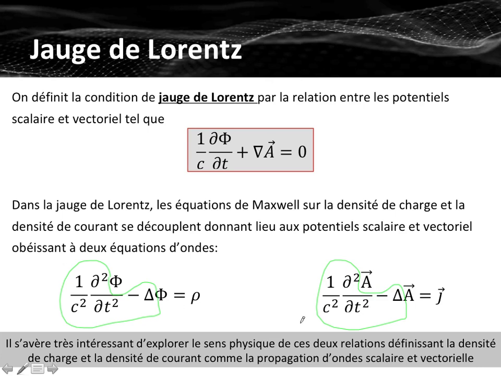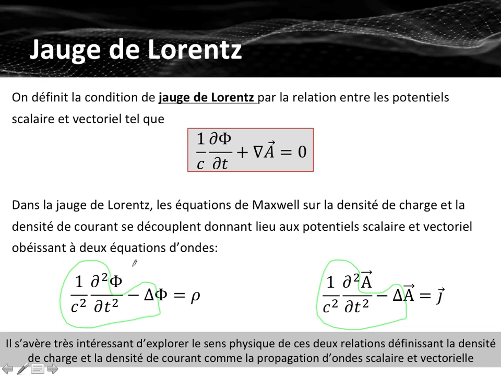This is a wave operator. So it's as if rho, the charge density, is actually related to phi, but it's a wave propagating of phi. And same for j. It's as if the current density is a propagating wave of this vector potential A. Okay? So it's very interesting physics going on in here. And interesting understanding.